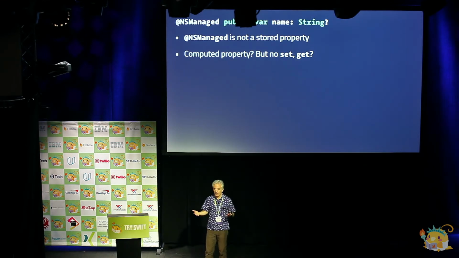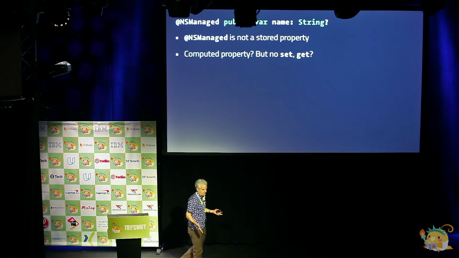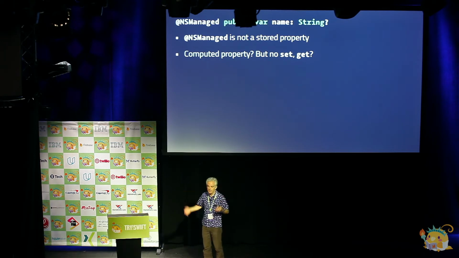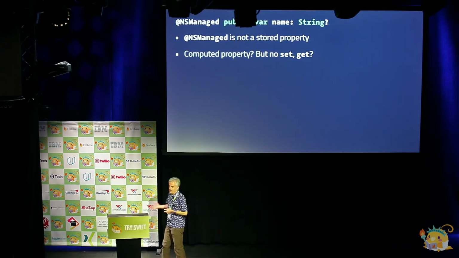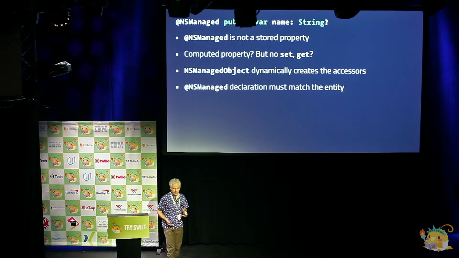It's Core Data using some runtime magic to generate accessors on the fly at runtime. So @NSManaged says to the compiler, this doesn't actually exist yet, but I promise that it will when the code runs. And the compiler says, OK. So it's not really a stored property. It creates these accessors dynamically.